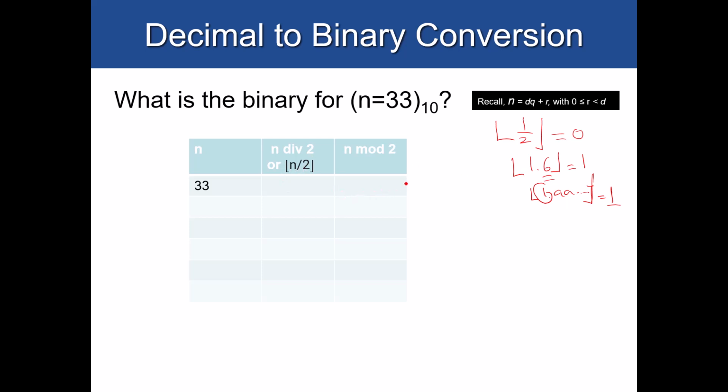Okay, so let's say somebody gives us the number 33 to the base 10, that is in decimal, and we try to find the equivalent binary. What we do is take that number, which is n, and divide it by 2. When we divide a number by 2, the remainder is either 0 or 1. There is no other possibility. And we're going to write the remainder here.